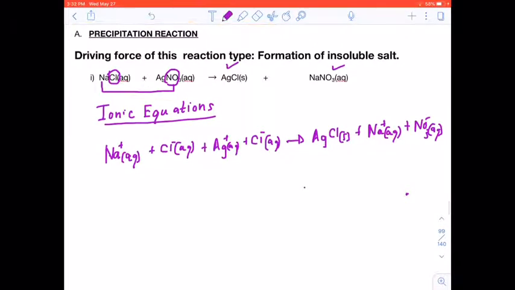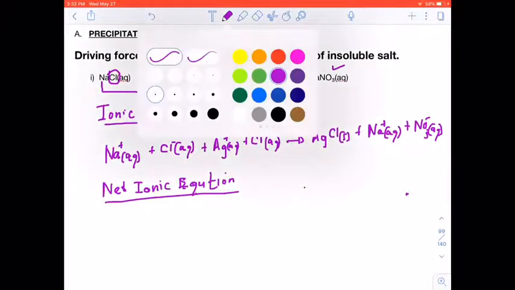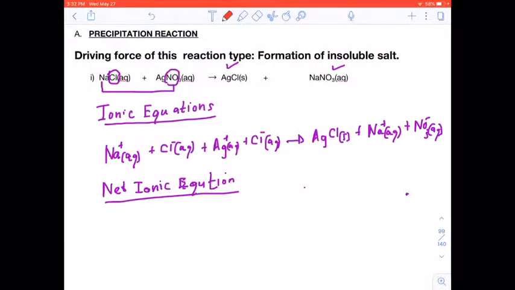Now, if we want the net ionic equation, we look at the ions and we see this equation is balanced.